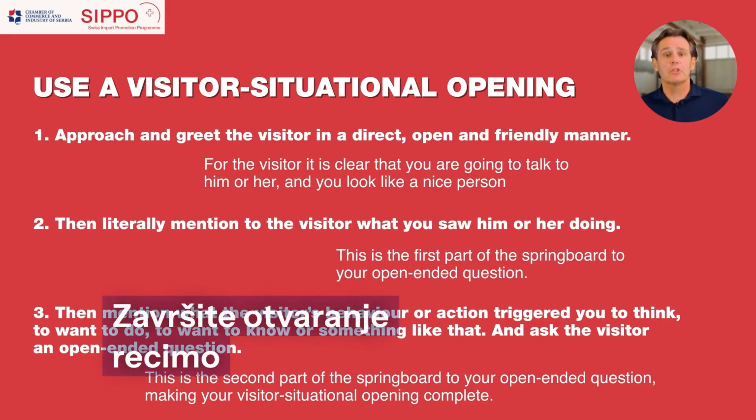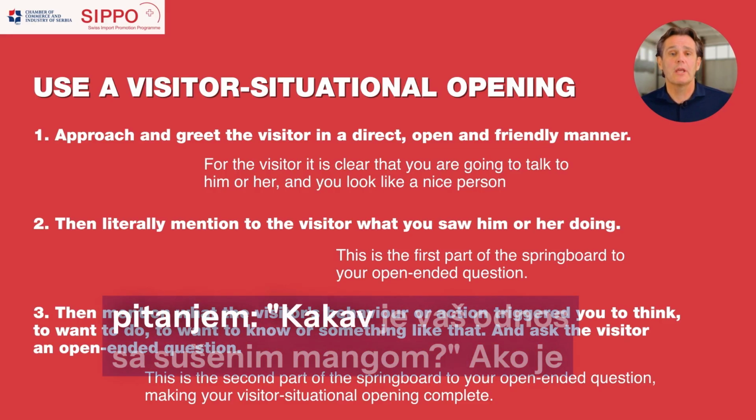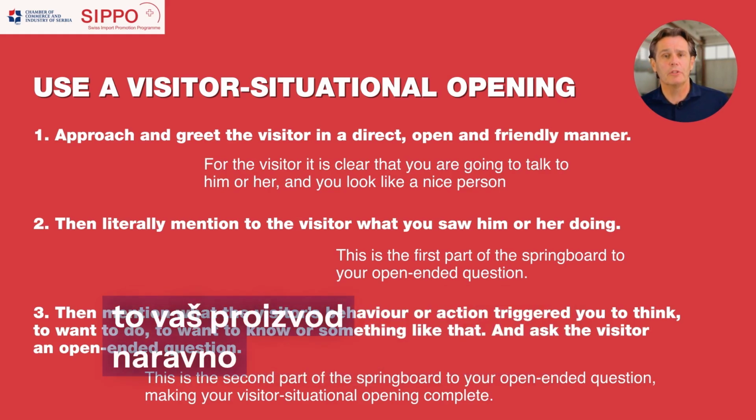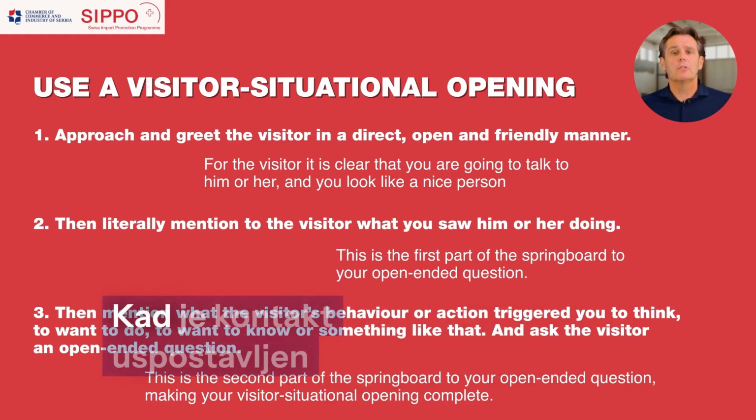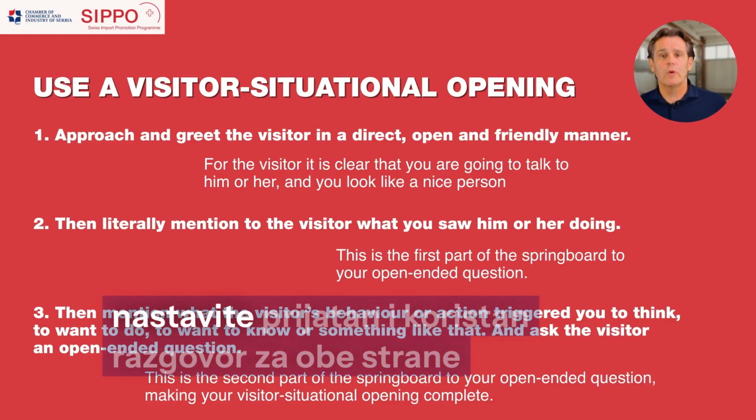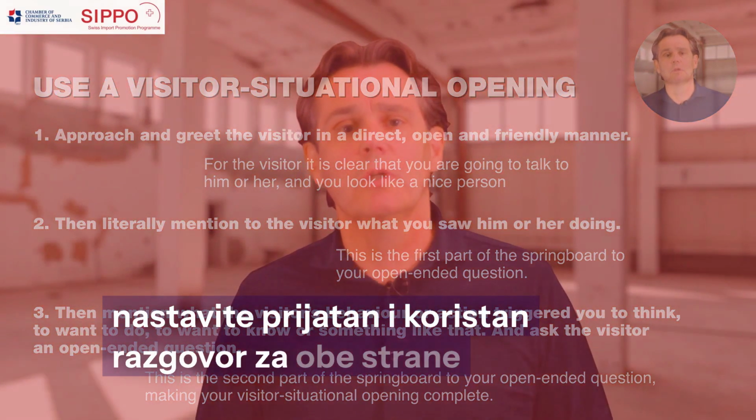Complete your visitor situational opening, for instance, by saying, "And I was wondering, what is your business relation with dried mango?" If that is your product, obviously. And now that the contact has been established, you take it from there to have a pleasant, informative, mutually valuable conversation.